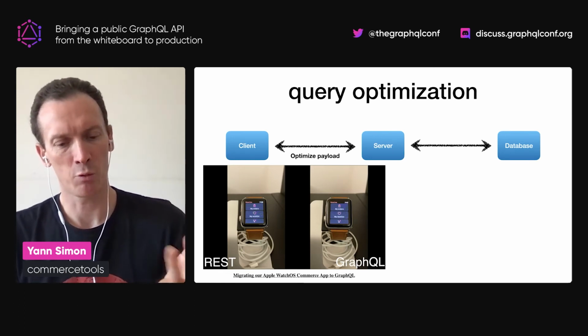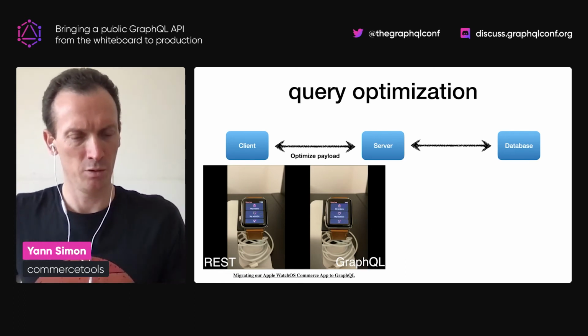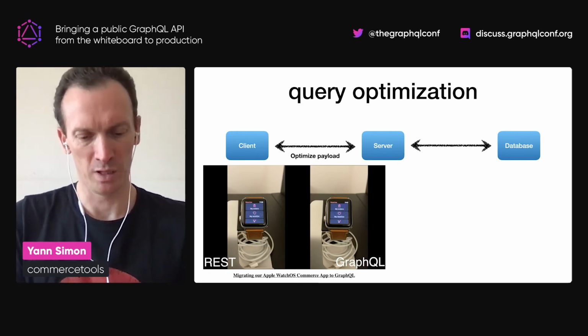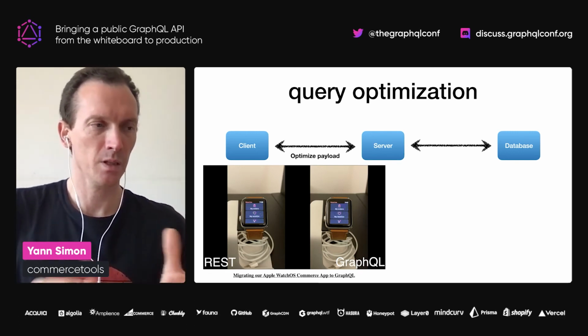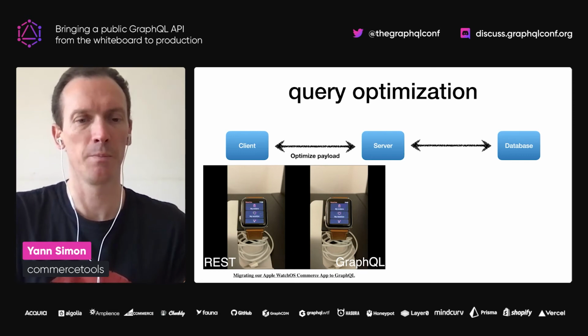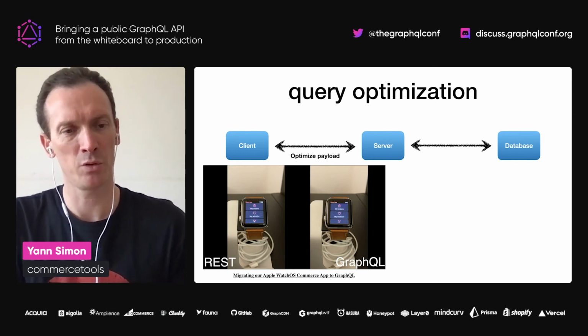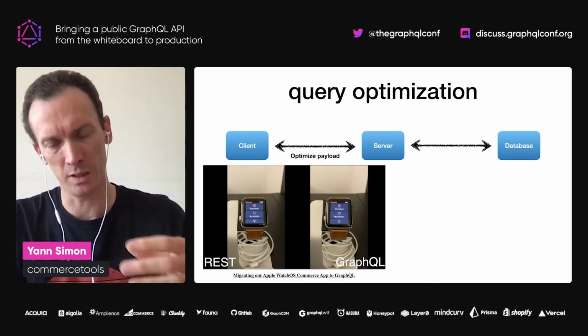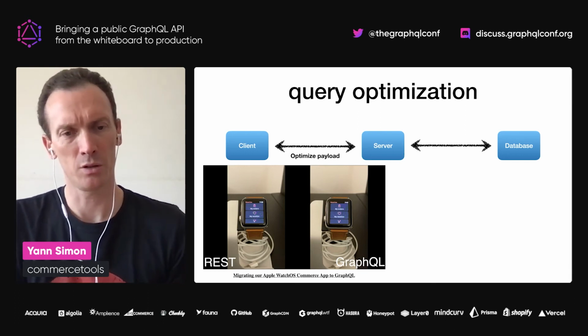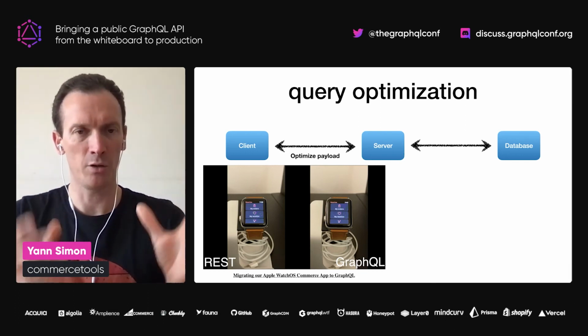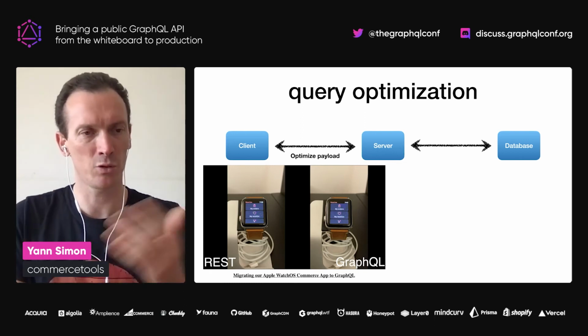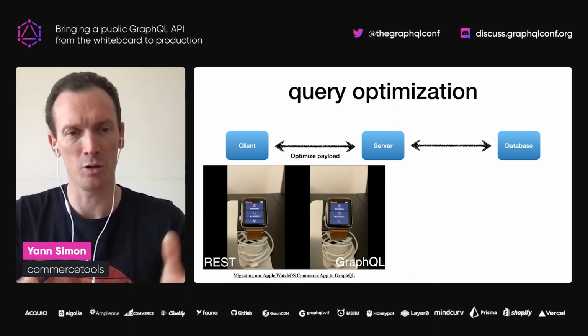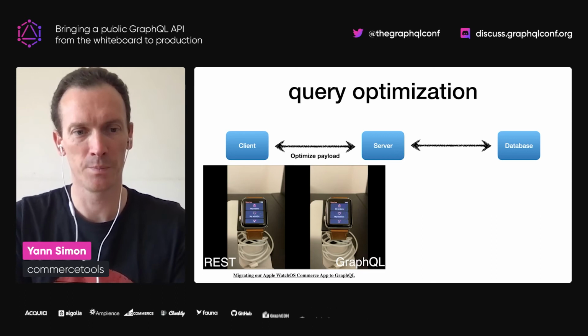In the REST API world, when we fetch information, we sometimes receive a payload with information that we don't need. In GraphQL, it's possible to select only the fields that we need. By doing so, the payload that is being sent from the server to clients can already be smaller just by using GraphQL.